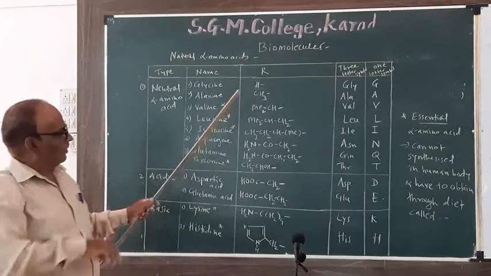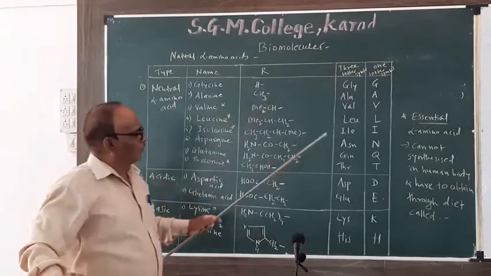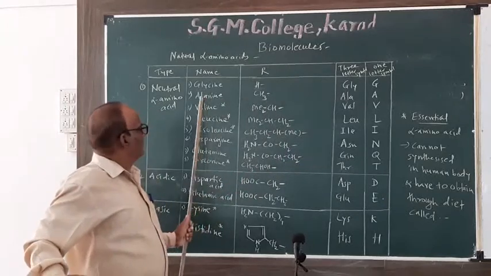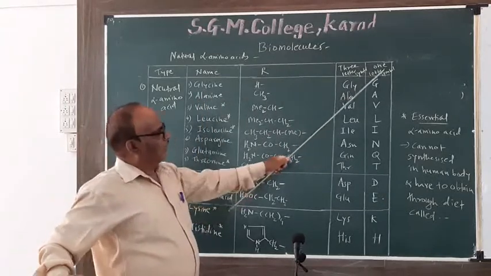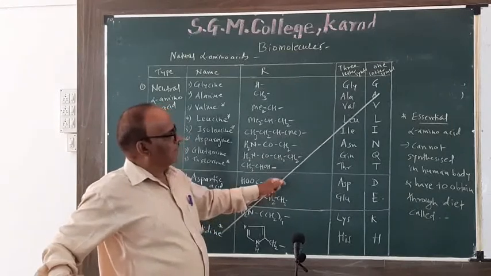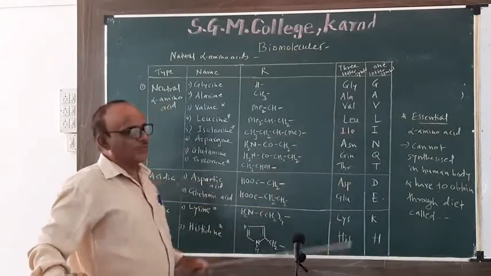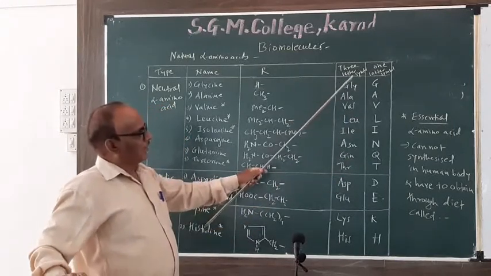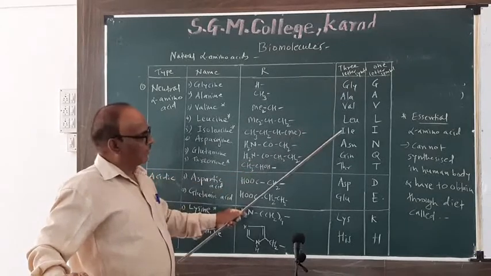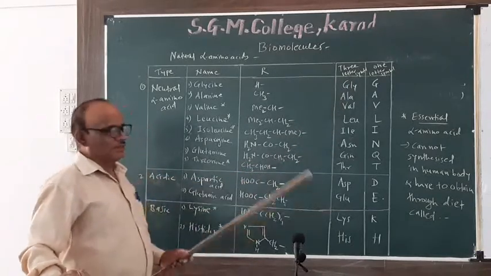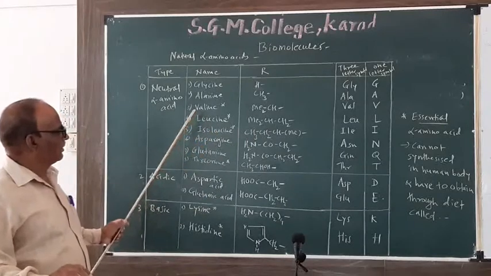In alanine, R is CH3, that is a methyl group. Three letters: A, L, A, and one letter is A. The one letter column is always capital letters. In the three letter symbol, only the first letter is capital, the second and third are small.